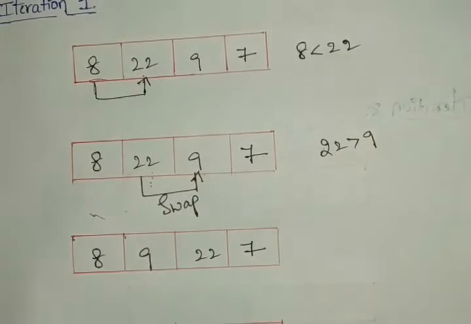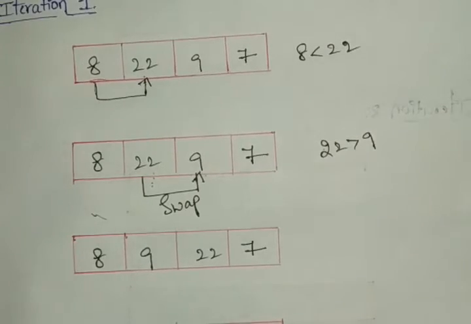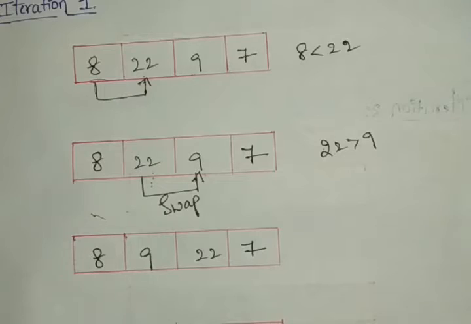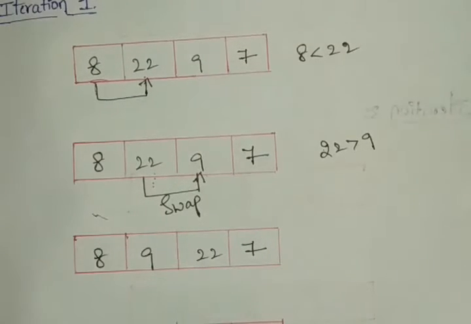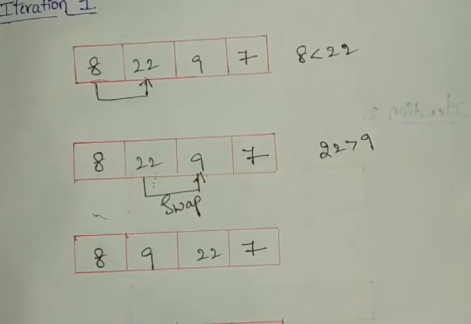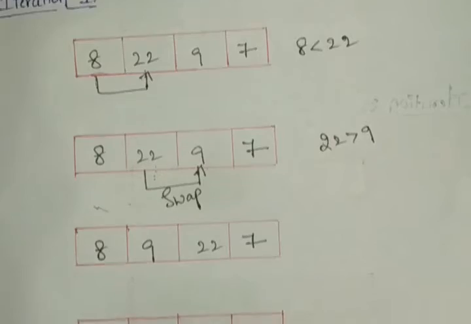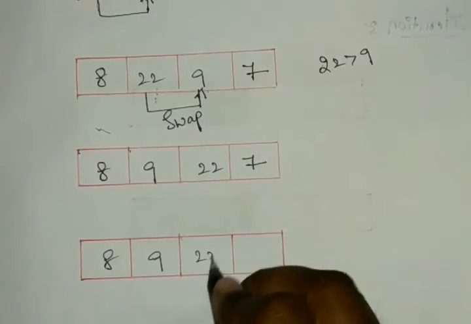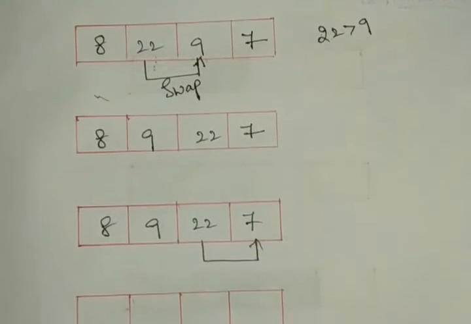After that, again you check 22 with 7, the third element to the fourth element.